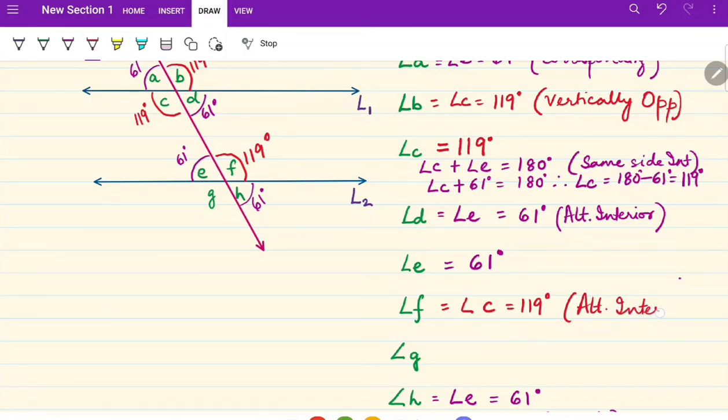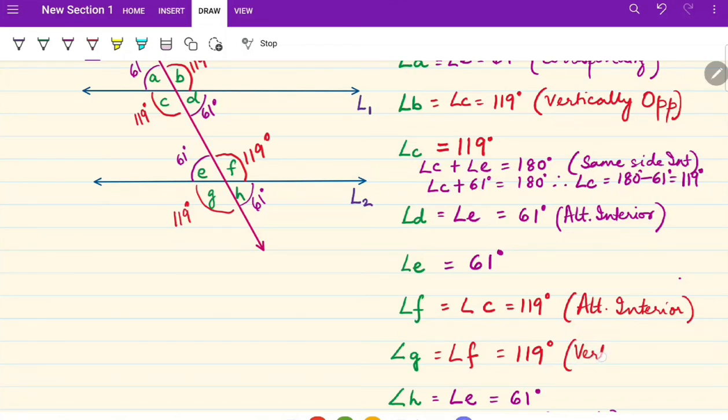And then finally we have angle G left. Angle G is vertically opposite to angle F. So that should also be 119 degrees. So it's equal to angle F, which is equal to angle C. So 119 degrees. So what is the property we used here?